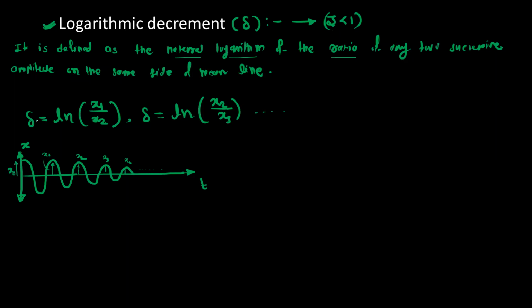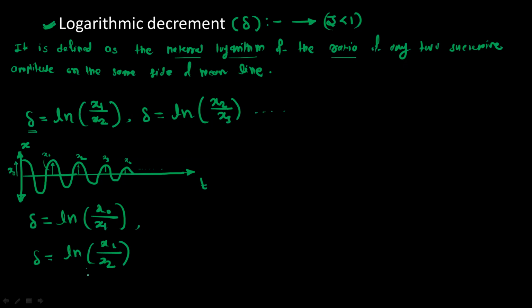So this delta remains constant for any two successive amplitudes. I will write delta is equal to, if I consider first x0 and the successive amplitude x1, ln of x0 upon x1. If I select x1 as the first value, then its successive value will be x2, so delta is equal to ln of x1 upon x2.